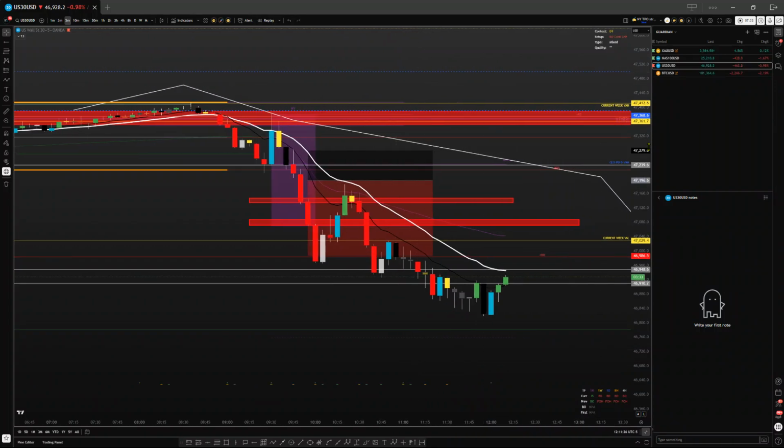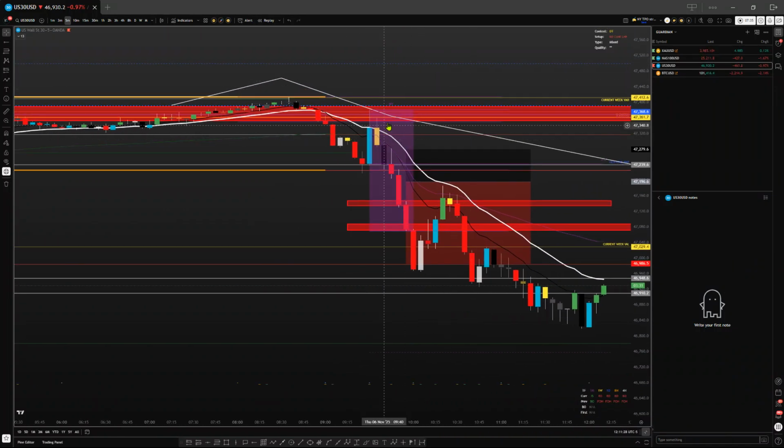Now, this was a very strong move off the bat. A 9:45 candle that closed there instigated my entry.